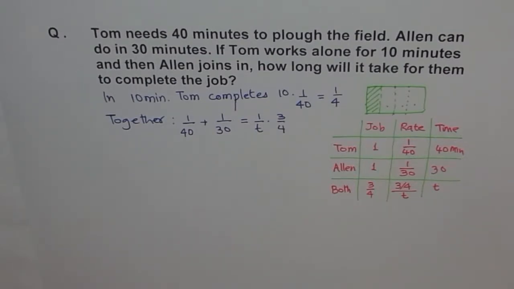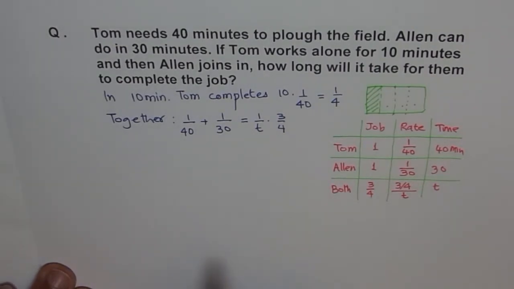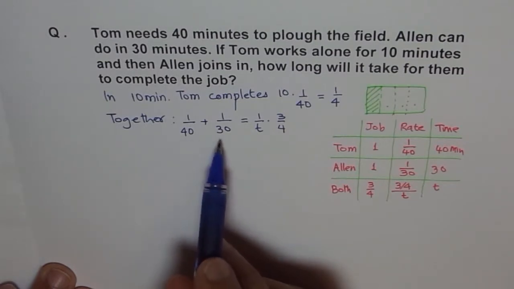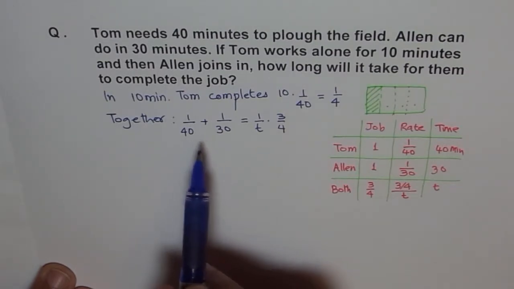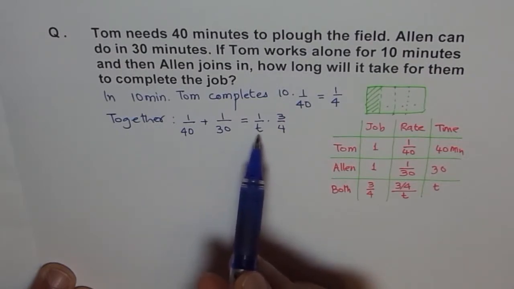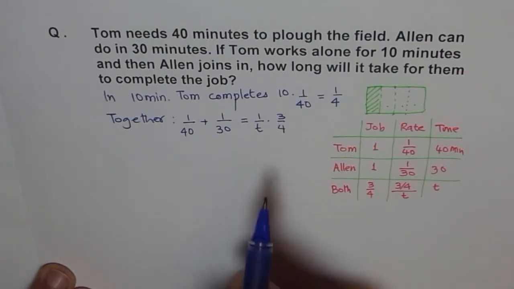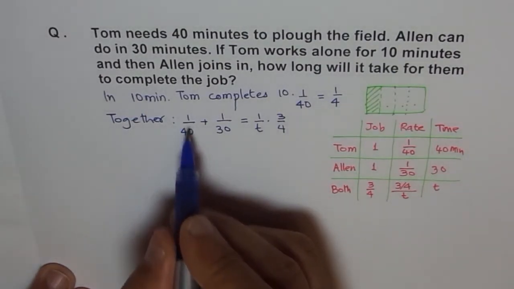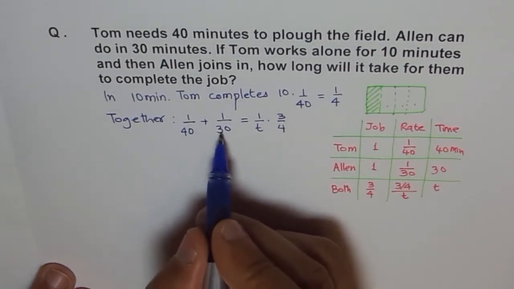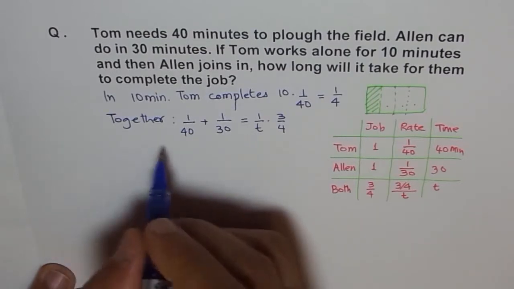Okay. Now, we've got to simplify this. To simplify this, we should find the common denominator. The least common denominator is 30 times 40, which is 120, and then t, right? So we'll multiply each side by 120t, correct? And solve it.